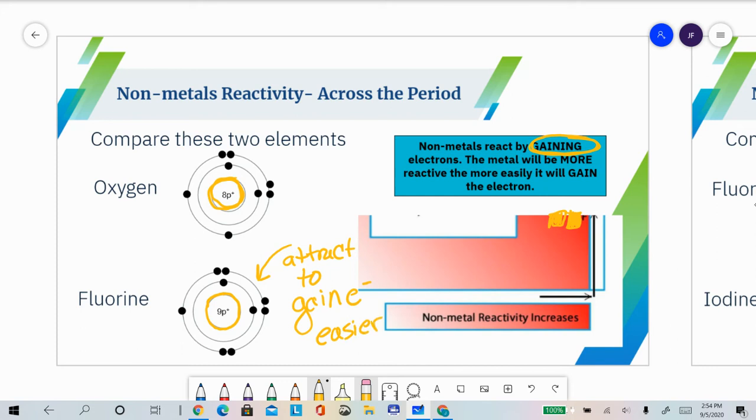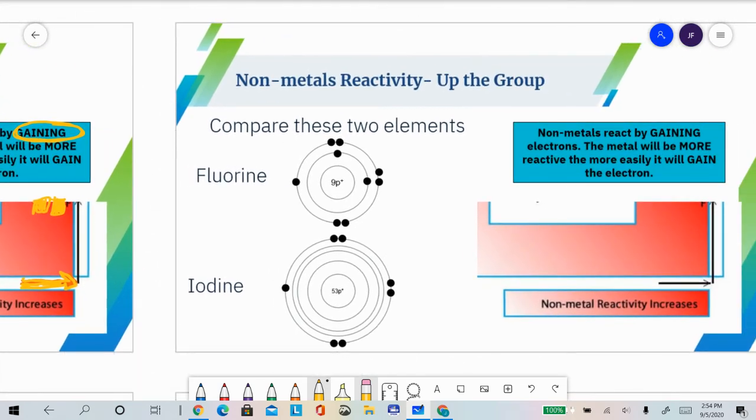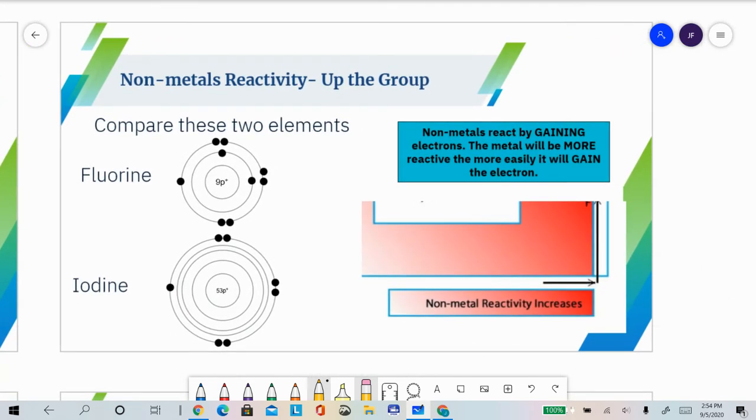Oxygen only has 8, so it's not going to attract those electrons quite as strongly as fluorine. So our trend ends up being, as we go from left to right in the nonmetals, we get more reactive elements. That was the wrong color to choose. Okay, so as we go that way. And then when we're going up the group, we get more reactive elements.